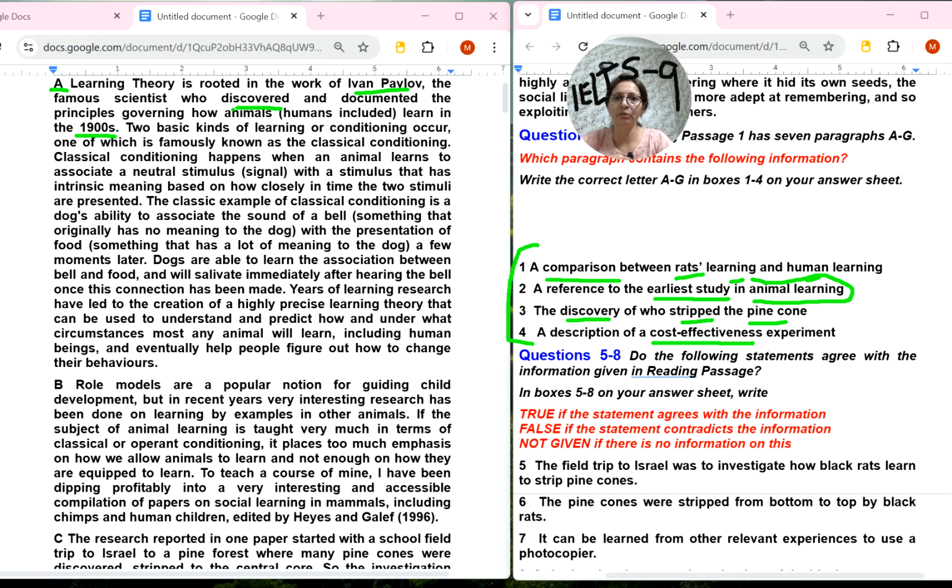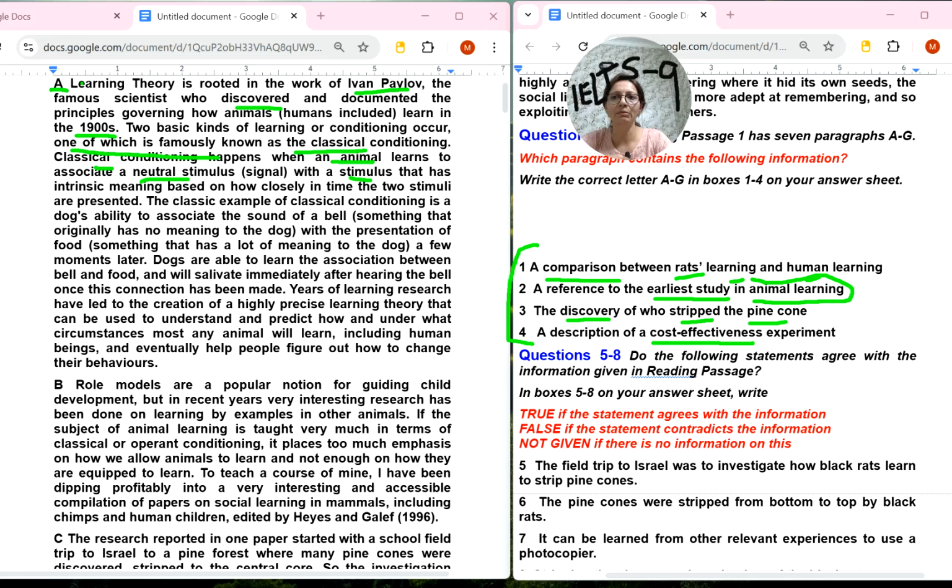So we will continue. Scientists who discovered and documented the principles governing how animals, humans included, learn in 1900s. Historical dates. The two basic kinds of learning or conditioning occur, one of which is famously known as classical conditioning. This is when an animal learns to associate a neutral stimulus with a stimulus.